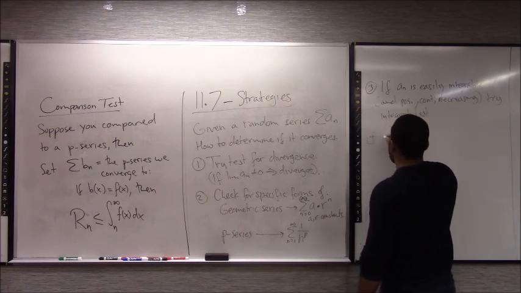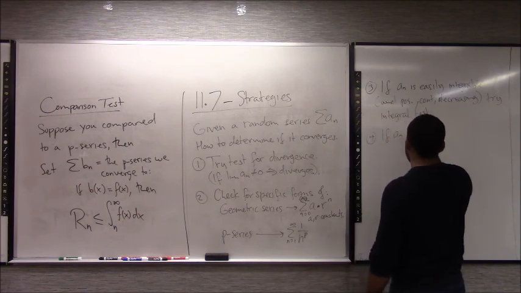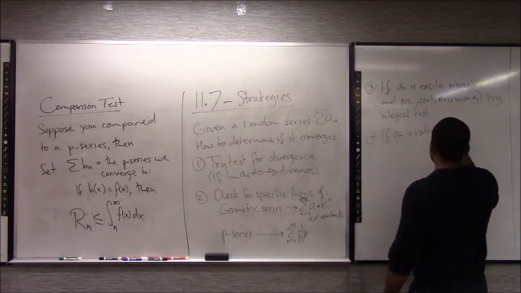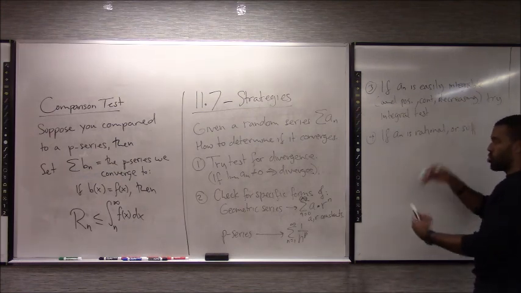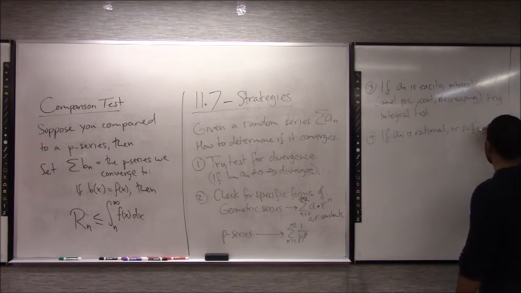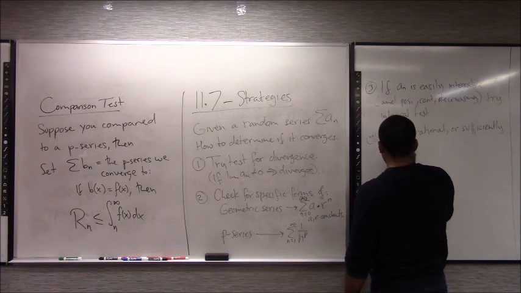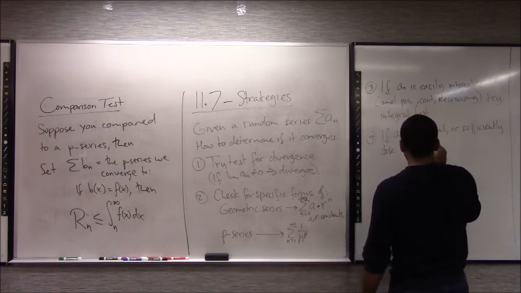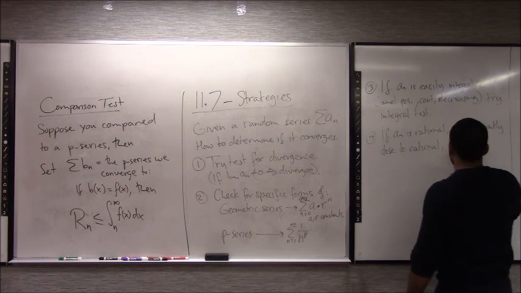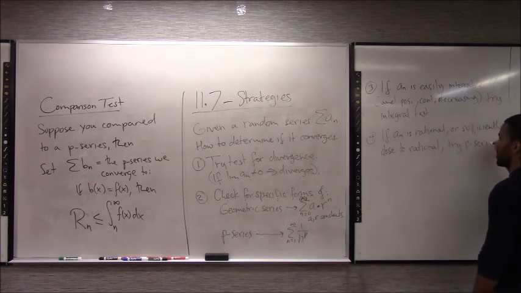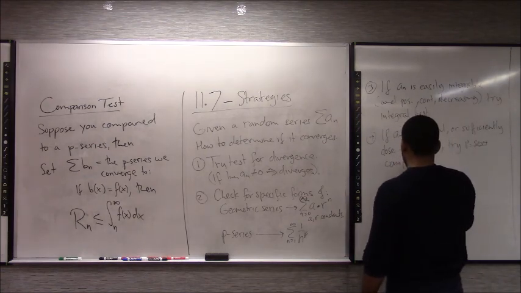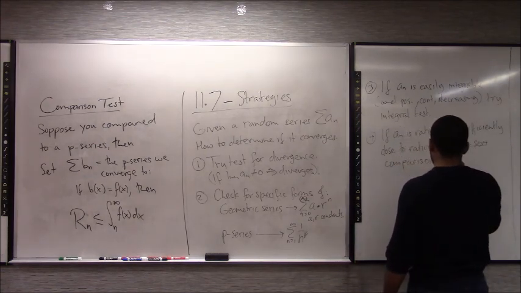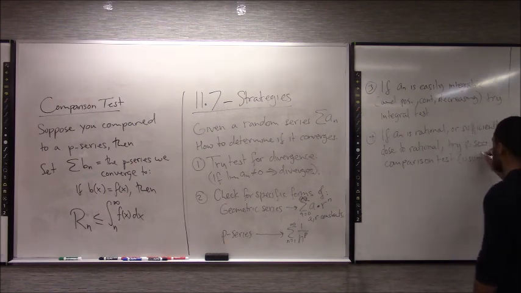If a_n is rational, or sufficiently close to being rational, something like the radical of a rational function or something like that, try the p-series, try the comparison test, where you usually compare to a p-series.